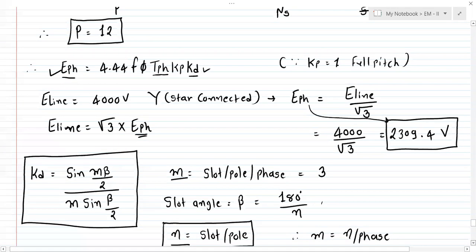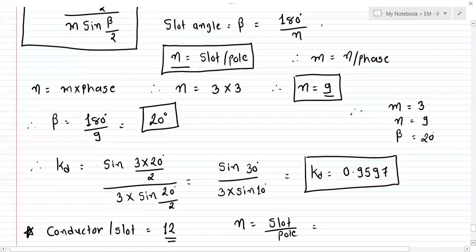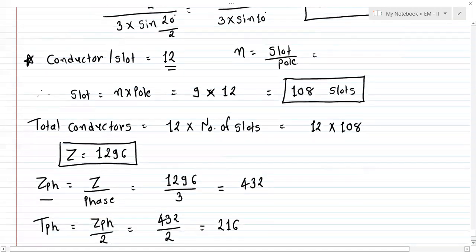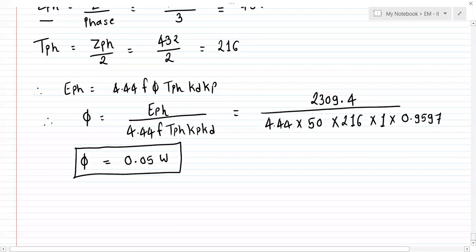Then we find the distribution factor, then the turns per phase, and putting all the values in the equation, finally we get the flux per pole, which is 0.05 Weber, and you can also convert that into milliweber, which is 50 milliweber. Okay, so this is the example.